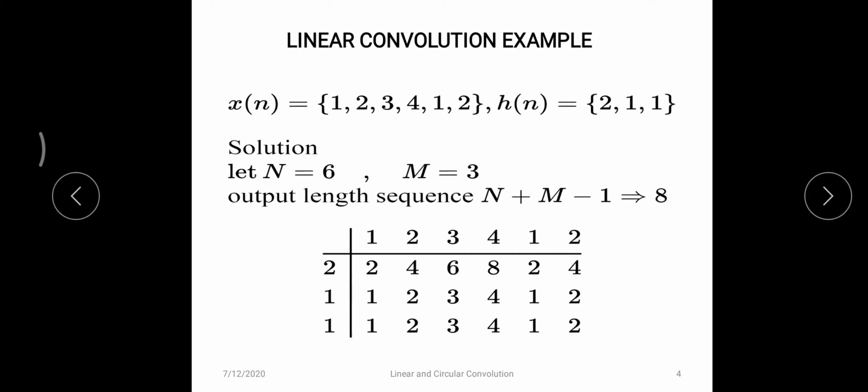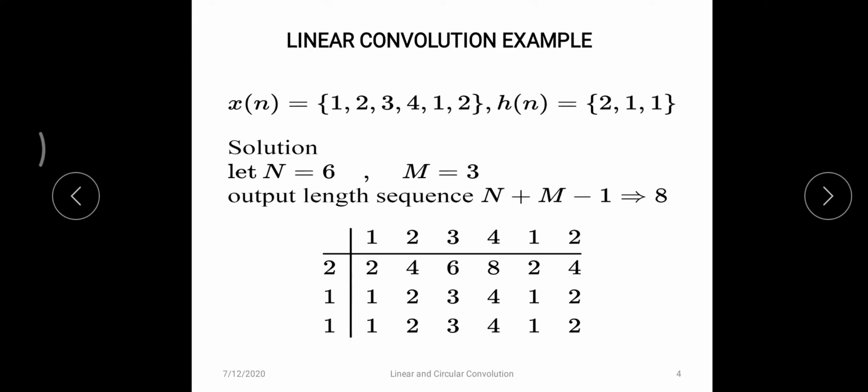Now your y of n: the first value is 2, then sum the columns in the vertical manner: 2, 1 plus 4, 1 plus 2 plus 6, 2 plus 3 plus 8, 3 plus 4 plus 2, 4 plus 1 plus 4, 1 plus 2, and 2. This is how we have to segregate the columns.